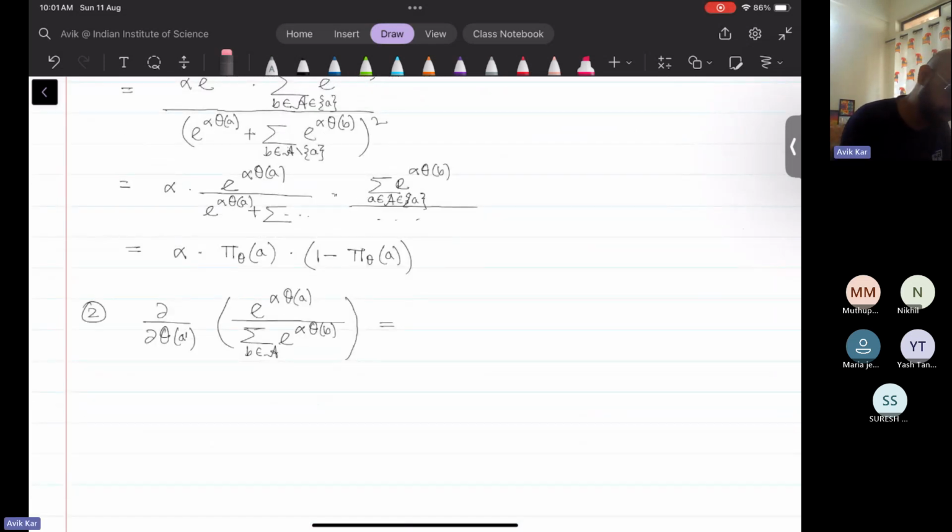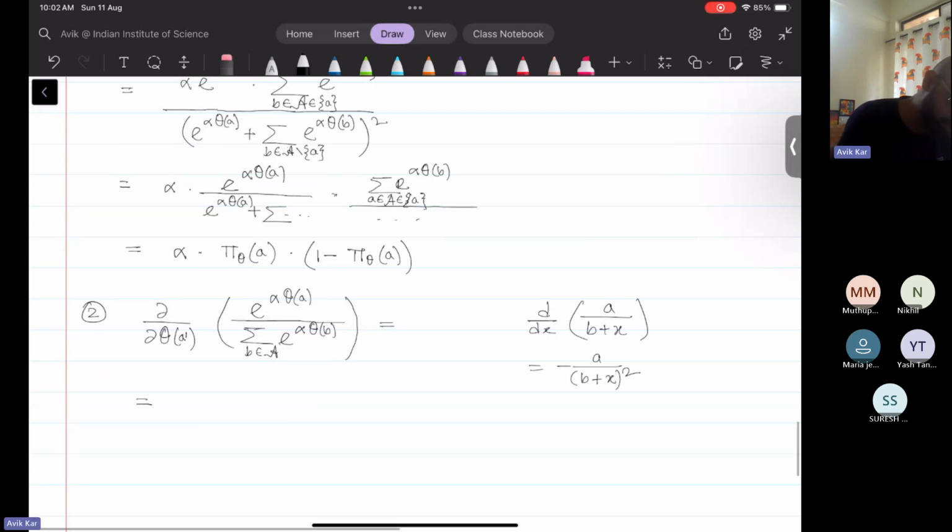Okay, so let us compute it. So this is basically a by b plus x, d by dx.